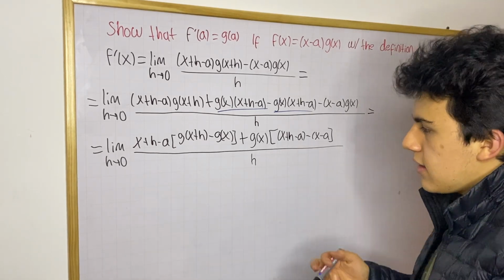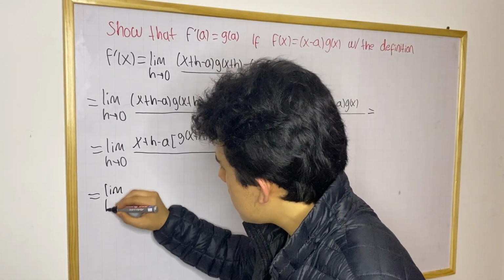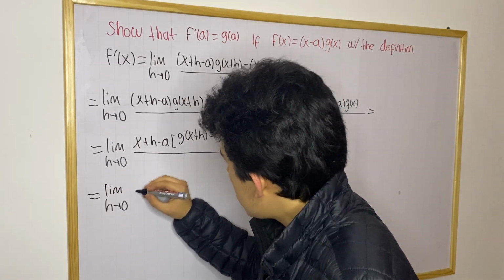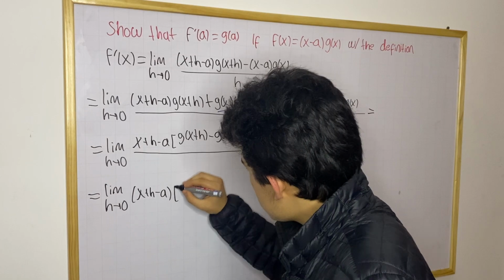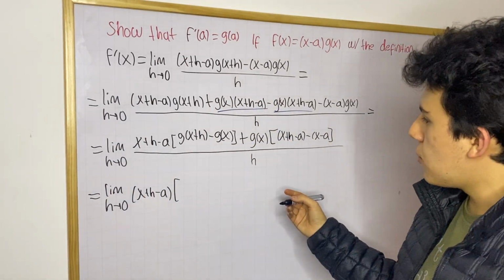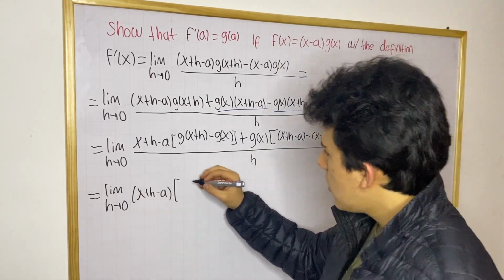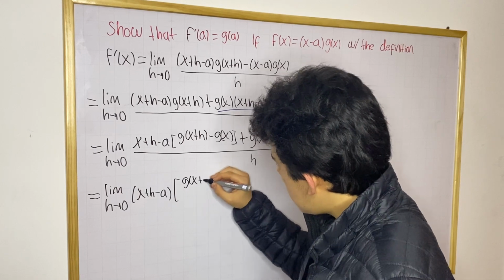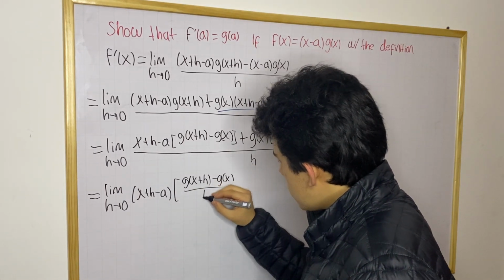And what I mean by get derivatives is the following. So you can write, once again, this is going to be the limit as h approaches 0 for, now watch this, x plus h minus a times g of x plus h minus g of x over h, okay?